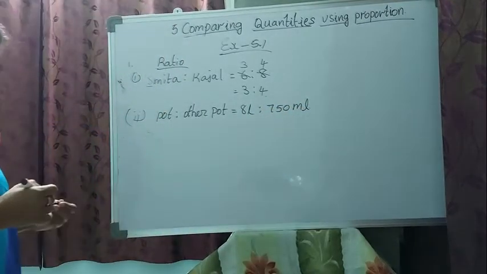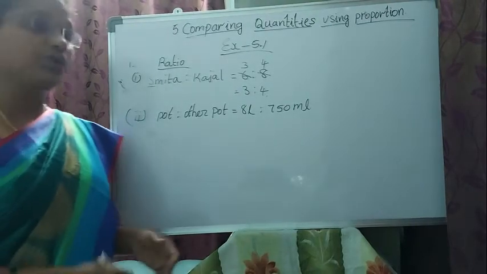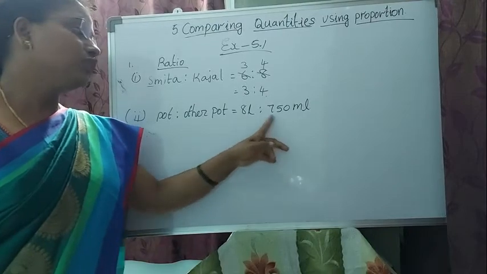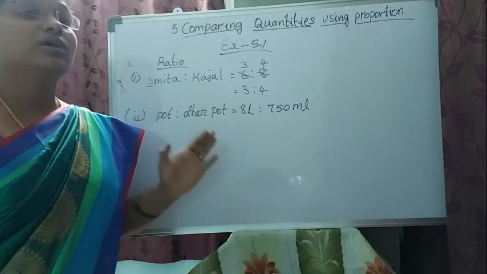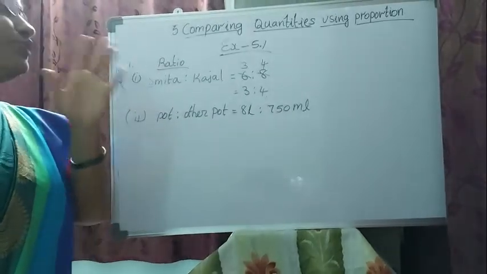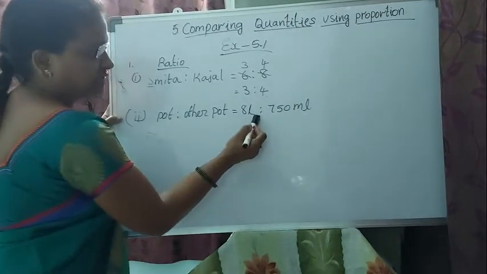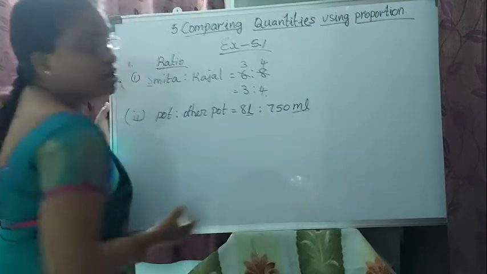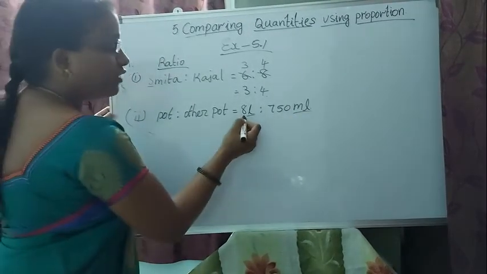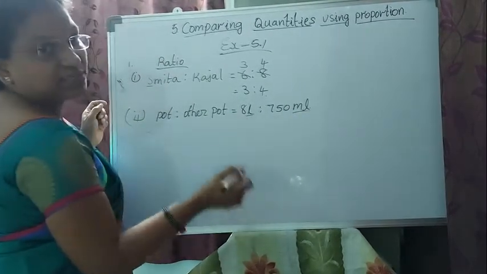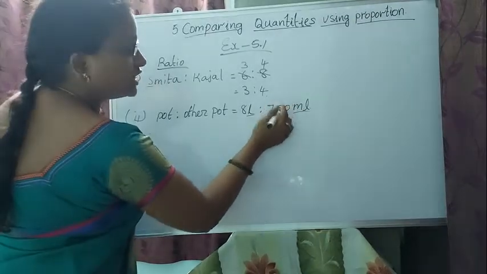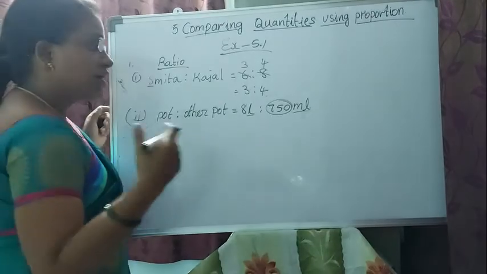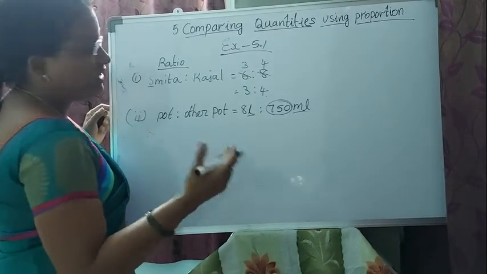Before taking the ratio, you have to observe whether the two things are in the same units. Here we have liters, here we have milliliters. So you have to change liters into milliliters, or milliliters into liters, whichever is convenient.